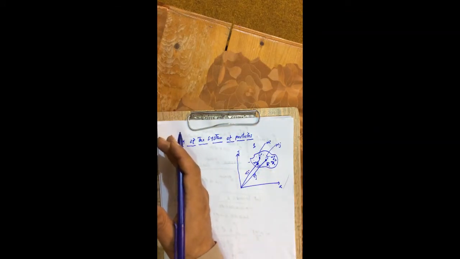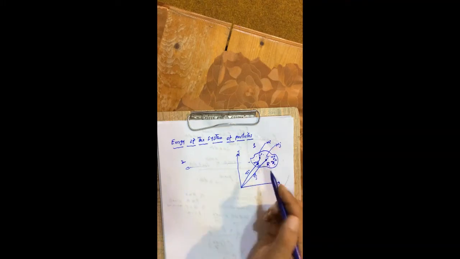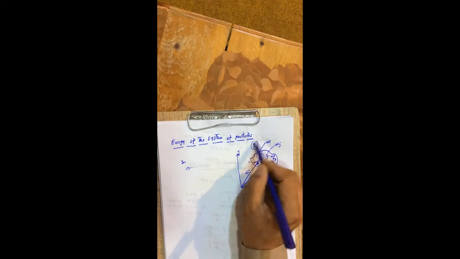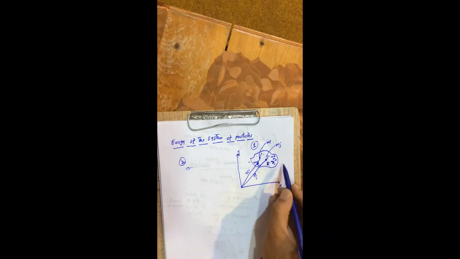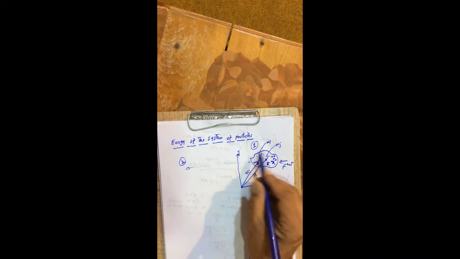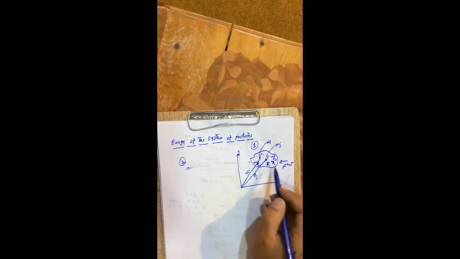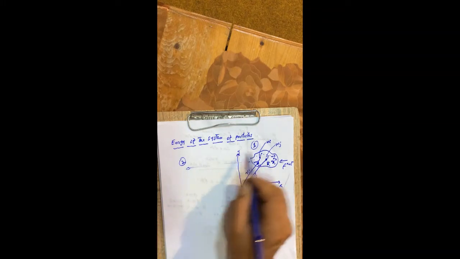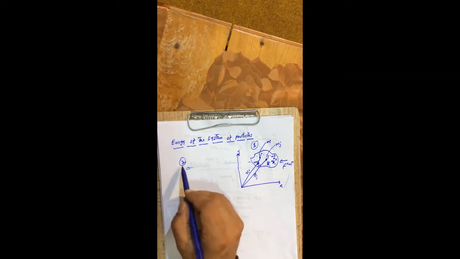Now in moving the system from position 1 to position 2, we are exerting some external force. This is the external force which is acting on this system. Due to this external force, this system is moving from configuration 1 to configuration 2.